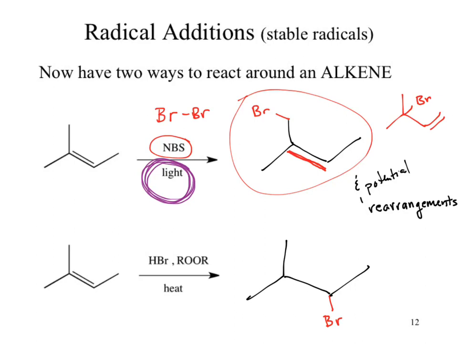How do we know that other one is a radical reaction? Heat shows up under elimination reactions, so heat isn't necessarily going to say it's a radical reaction. What you're looking for is the radical initiator, the ROOR. You have an oxygen-oxygen bond. That's your radical initiator. So those are the things that you need to trigger on. Okay? Questions?